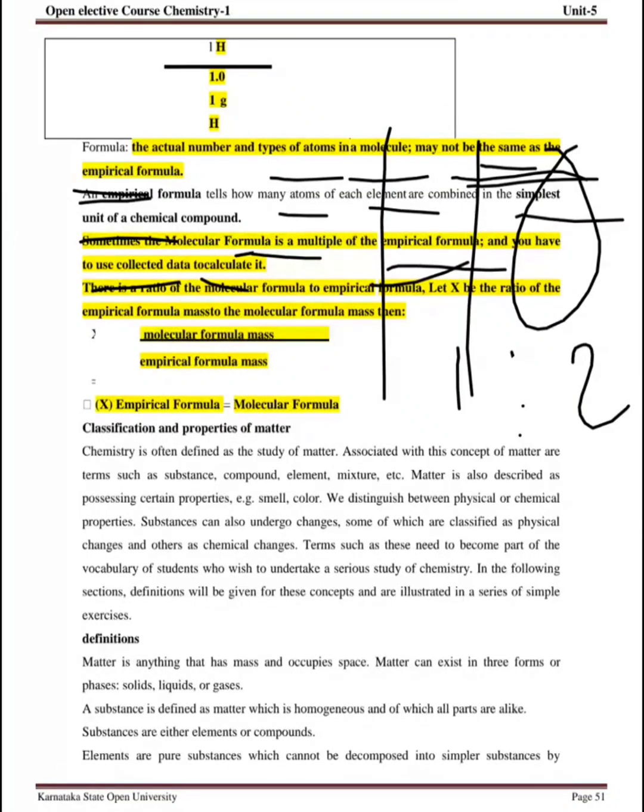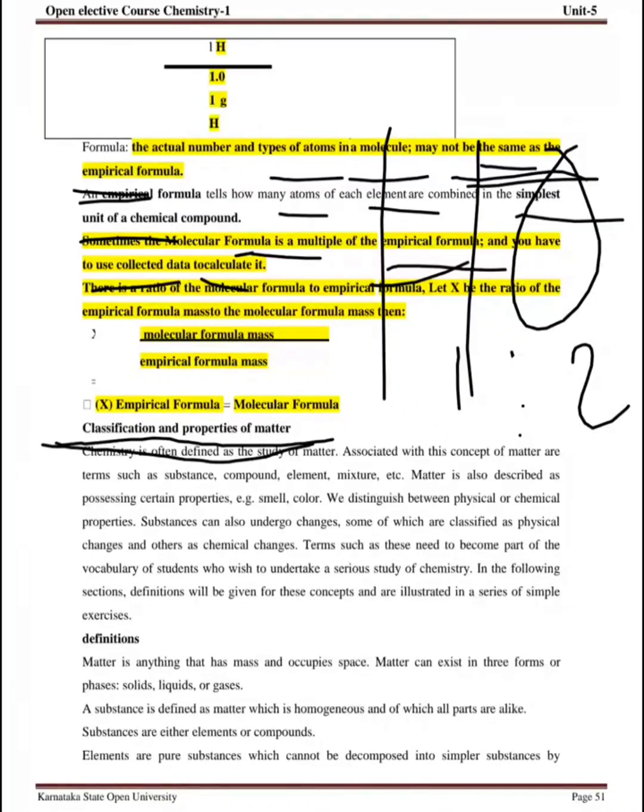So next is the classification and properties of matter. What is matter? Matter is a substance that occupies physical space and has inertia. Here we are going to discuss matter.